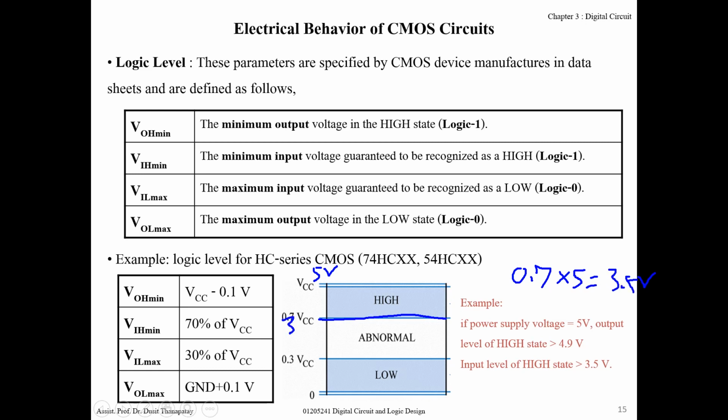So 3.5 volt to 5 volt is logic high, and logic low is 0 to 30%. Namely, with 5 volt, it's 0 to 1.5 volt, and in between is undefined or abnormal.